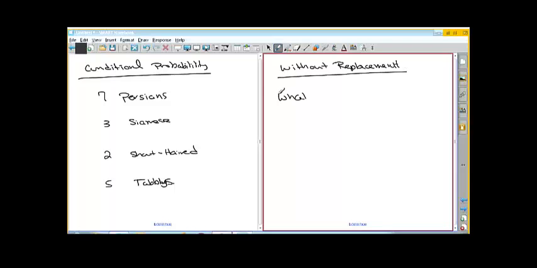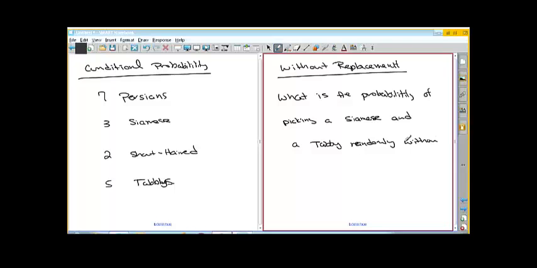So the question here is, what is the probability of picking a Siamese and a tabby randomly, without replacement?